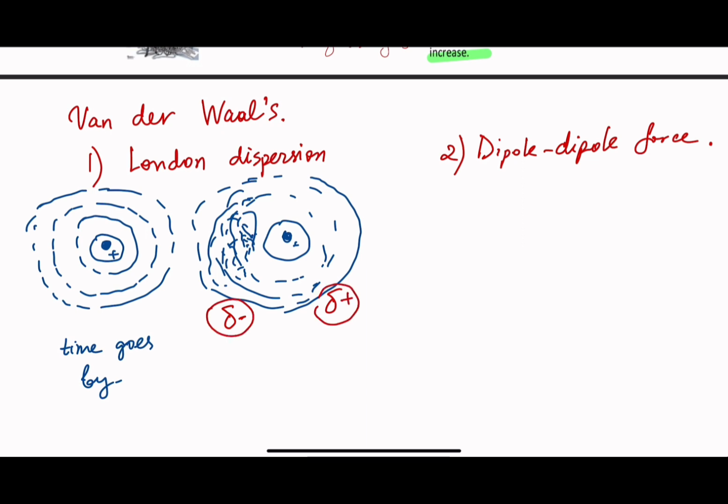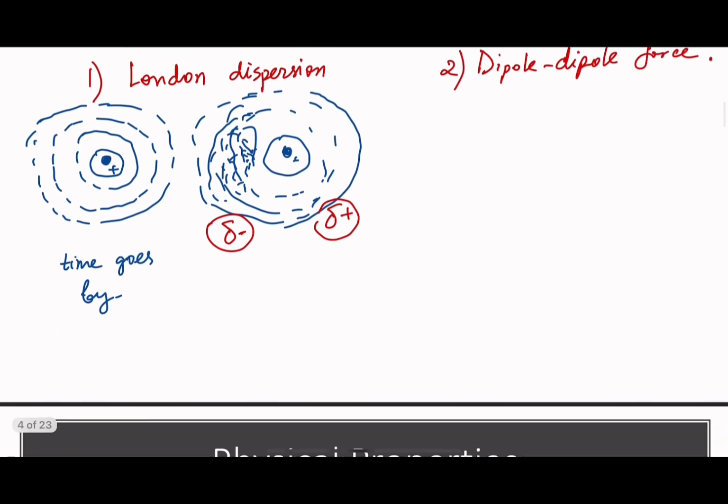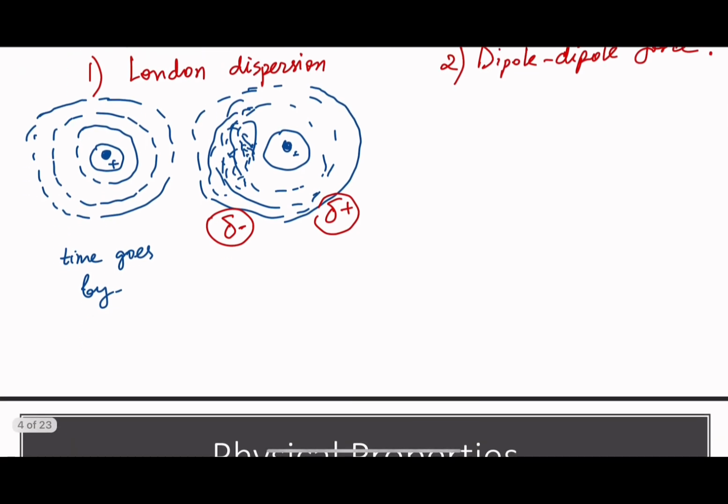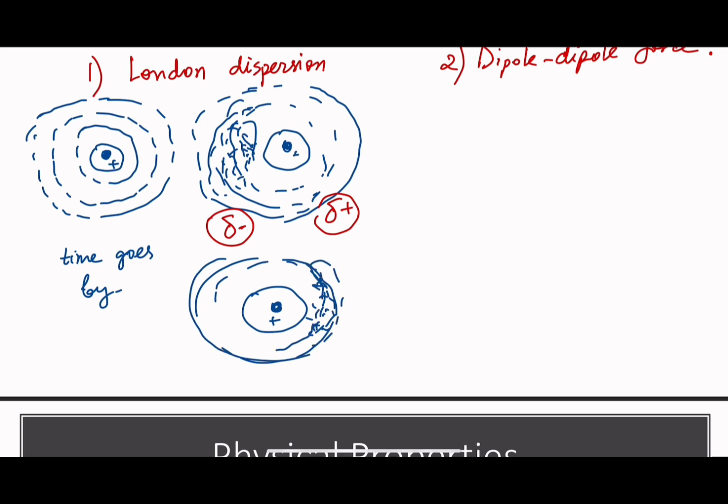This side is positive. And now this atom is attracting another atom, in which we have more electron clouds on this side, so we have a partially negative side here and a partially positive side here.